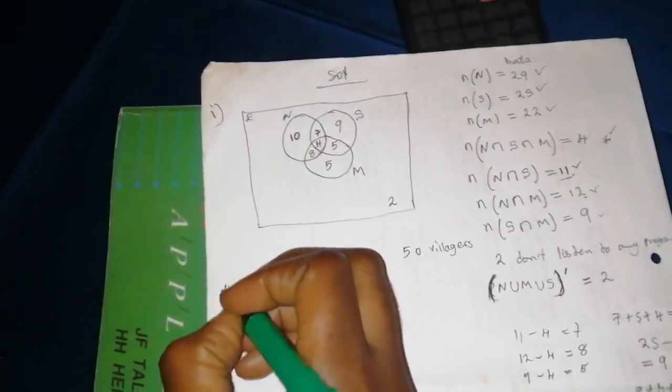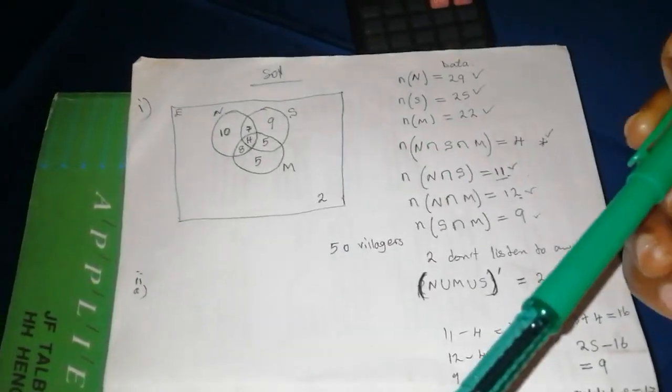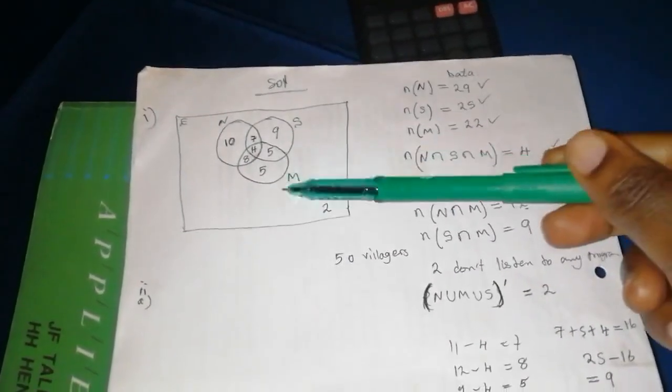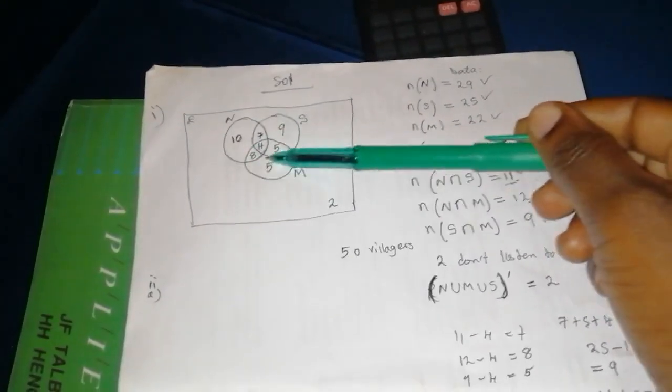Then we have 2a, which is asking how many villagers listen to music only. When you've illustrated the information in the Venn diagram, it will be easy for you to answer this question. For those who listen to music only, simply go to the Venn diagram, look at the set for music.